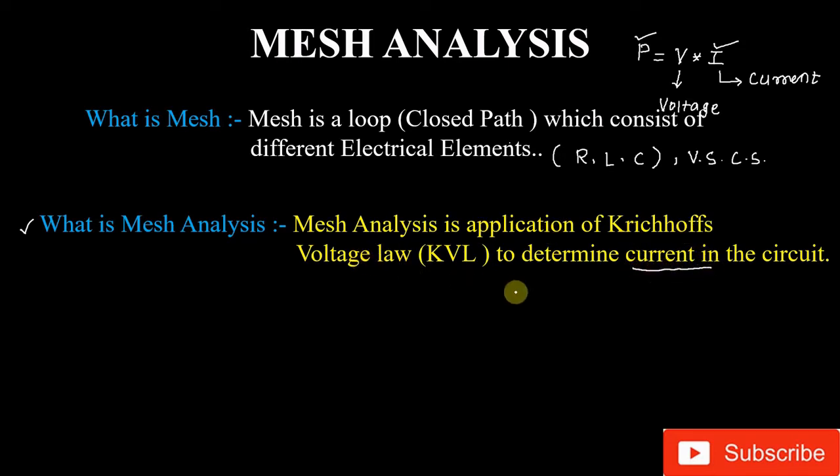Now what is KVL? KVL says that the algebraic sum of the EMFs of the circuit is equal to the algebraic sum of the product of current and resistance of that circuit. So by using this formula, we will perform the mesh analysis.